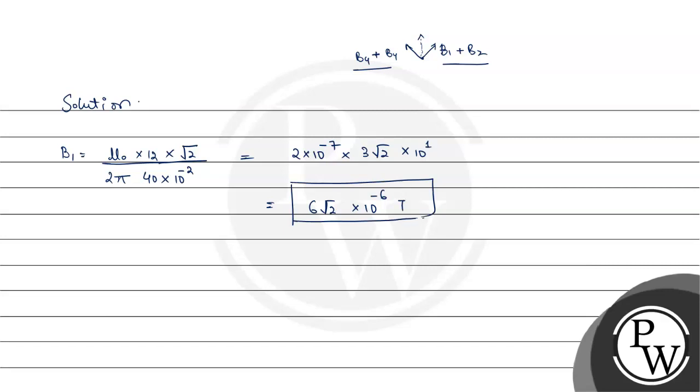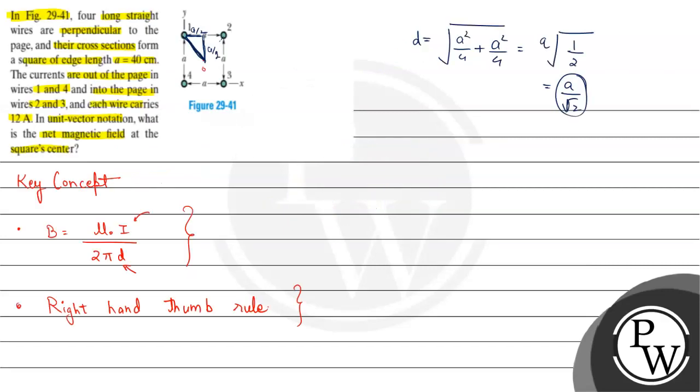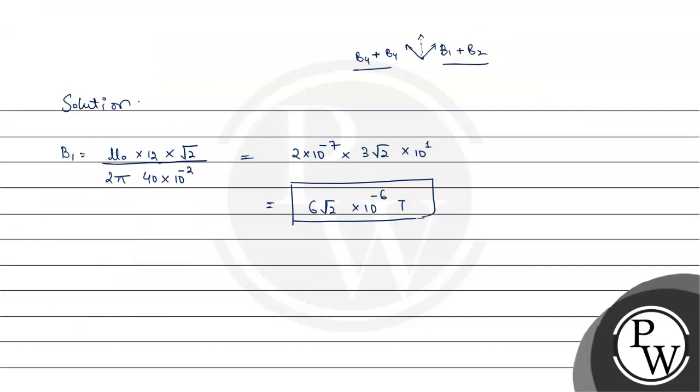Similarly, we can find B2, B3 and B4, as their distance from the point is the same and their currents are the same. All of their expressions will be the same. So B2 equals B3 equals B4 equals B1, which is 6 root 2 into 10 to the power minus 6 Tesla, and the only thing that matters in this case is their orientation.